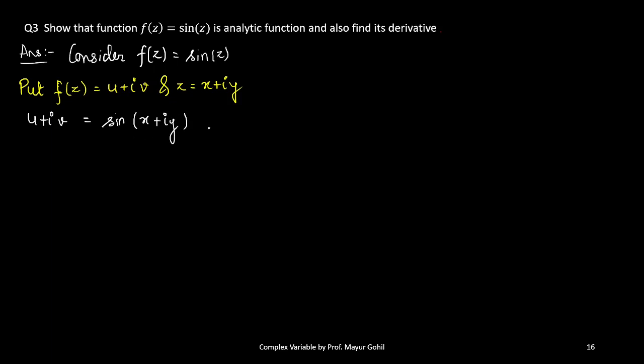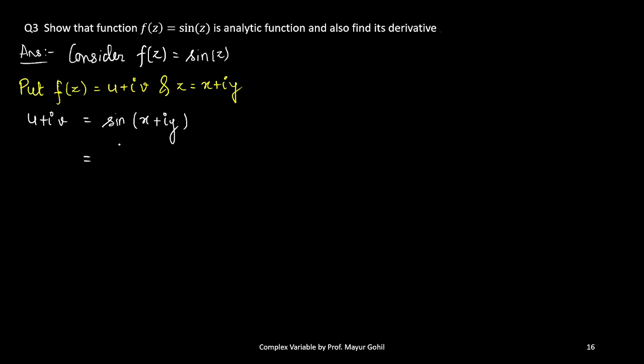Now if you know the expansion of sine of x plus iy, I had already given it in the basic video lecture regarding this. But if you do not know, I'll show you how these expansions are obtained. You can directly use a formula.